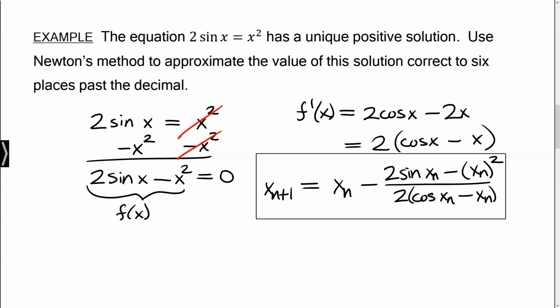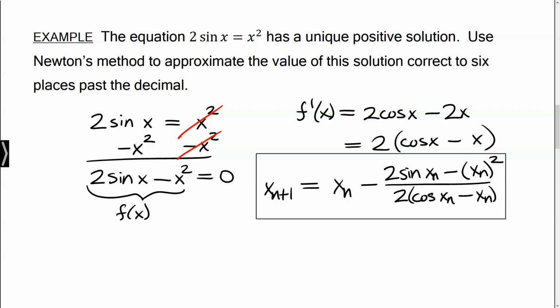All right, now let's take a look at what's going on here. You may kind of have a feeling for what's going on already. So the function starts at 0. So look at this, 2 sine x minus x squared. So the function obviously starts at 0. If you think about what the sine function and x squared look like, the sine function increases more rapidly than x squared between 0 and 1.